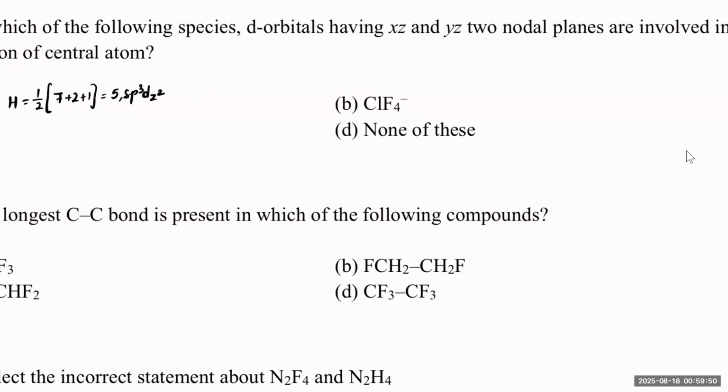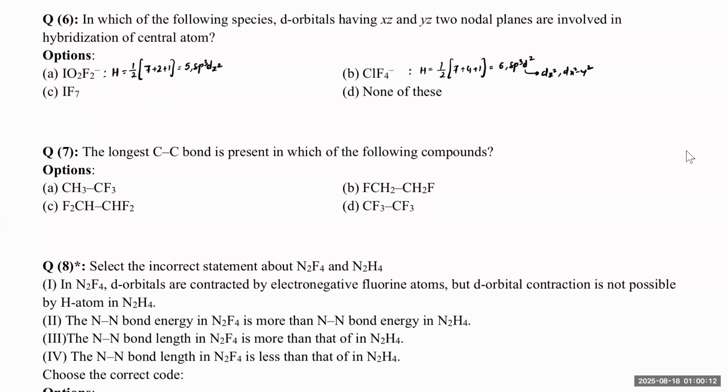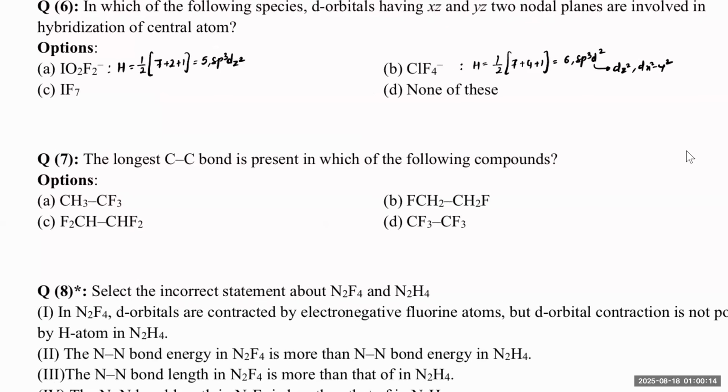Second case, here the steric number is half into 7 plus 4 plus 1, right? So 12, so 6, so this is sp3d2. So what type of d are involved in this case? dz square and dx square minus y square. So we are not using that either here. Next is IF7.